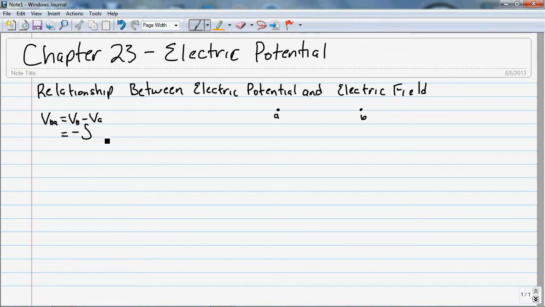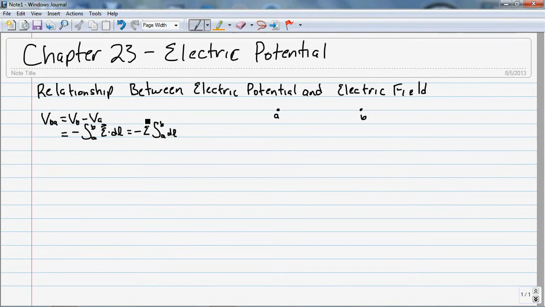integral from A to B of the electric field dot dl. And that's just equal to the negative of the electric field, the magnitude, times the integral from A to B dl.